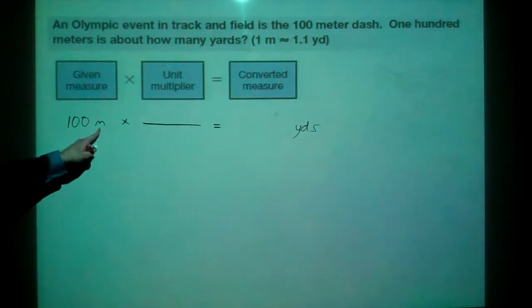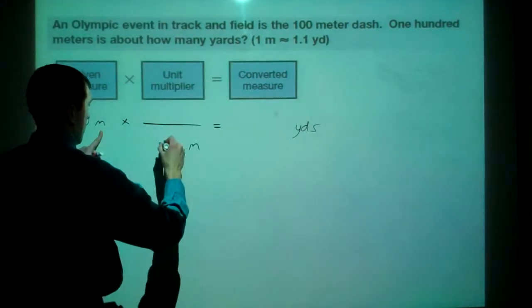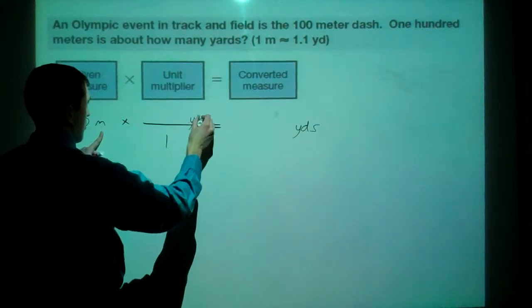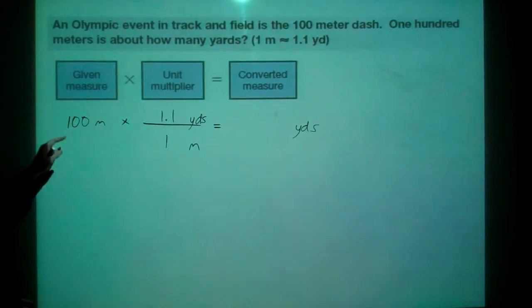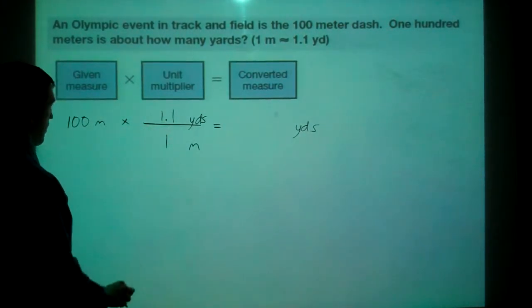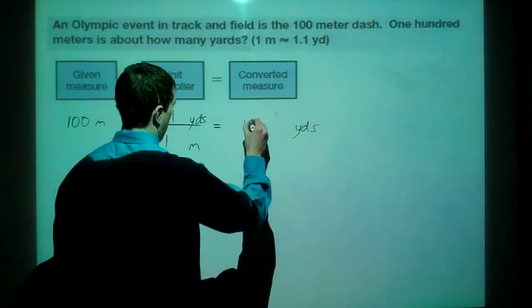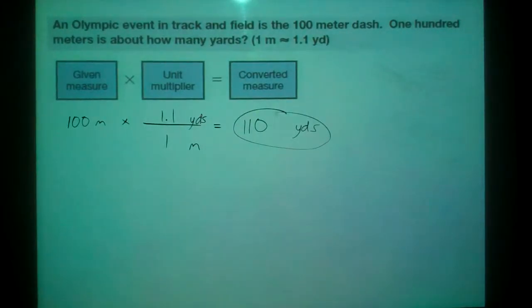So we want meters to cancel out with meters, and it tells us that 1 meter is about 1.1 yards. So 100 times 1.1 should give us 110 yards about. Okay?